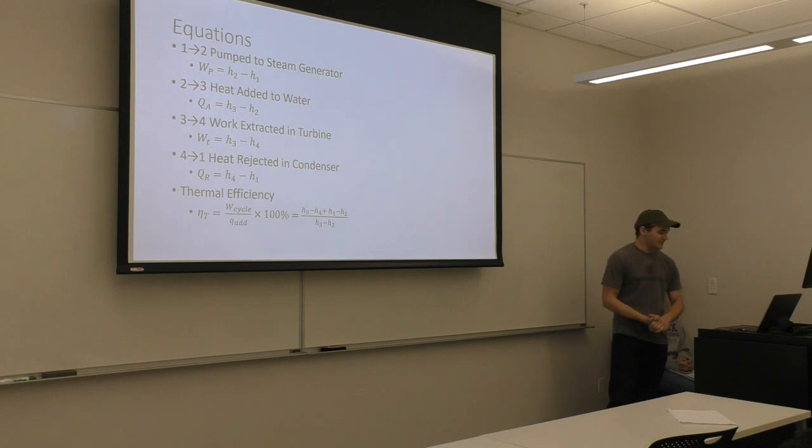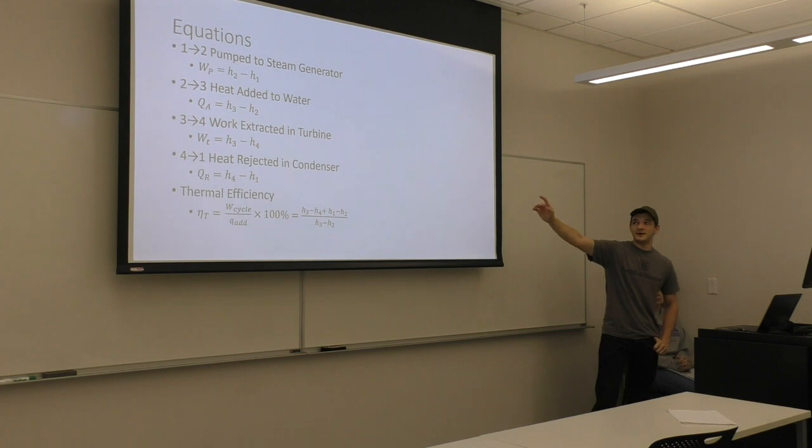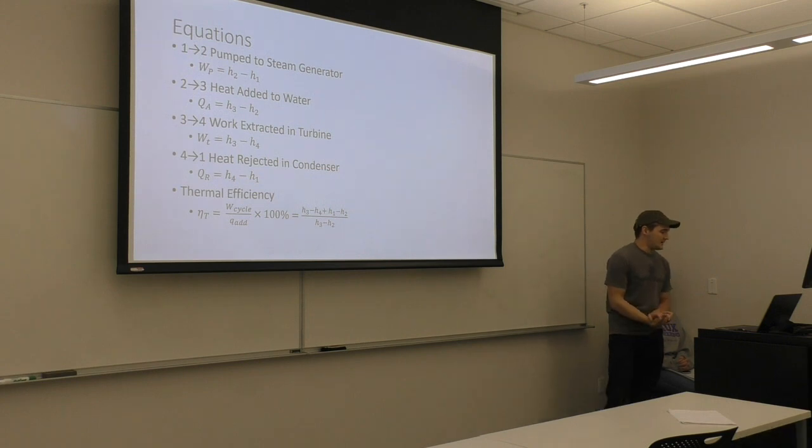All right, so our equations for our work: when it's pumped to the boiler steam generator, it's just the difference in enthalpy across that, and then the heat added in the boiler is the difference in enthalpy when it's entering and exiting.